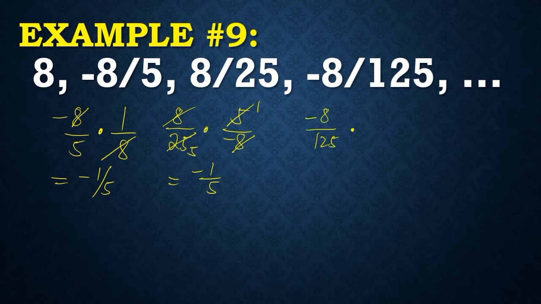So, make sure yung reciprocal, kunin muna bago tayo mag-proceed sa multiplication. So, yung 8 maka-cancel. And then dito negative 1. And then sa 125 and 25, ito magiging 1, yung 25 magiging 5. So, ganun din na makukuha, negative 1 over 5. Okay. So, yung common ratio natin dito is negative 1/5.